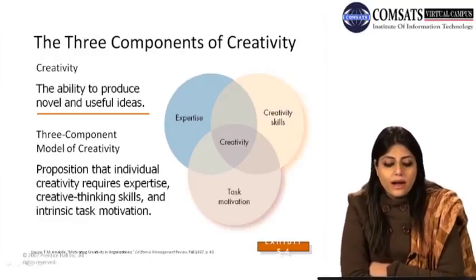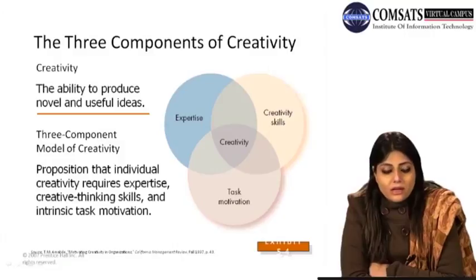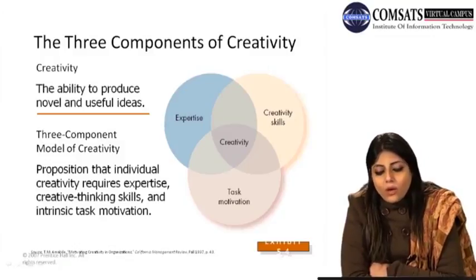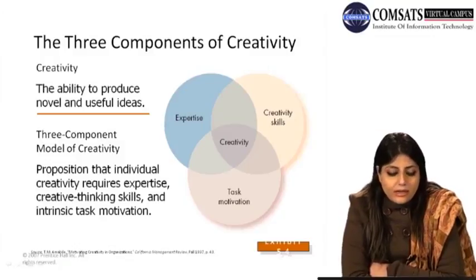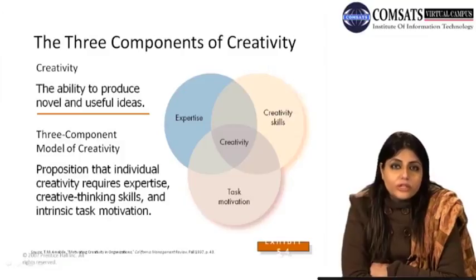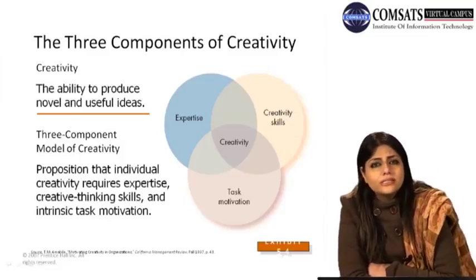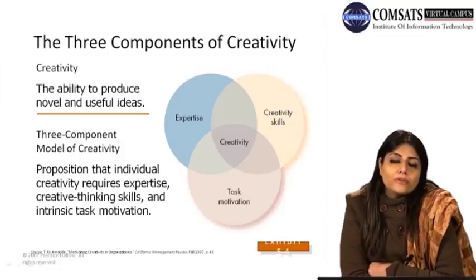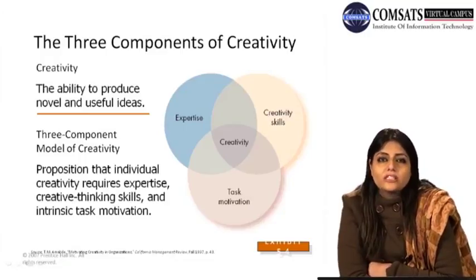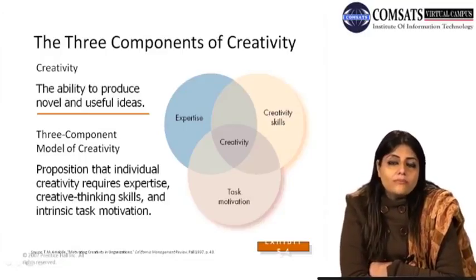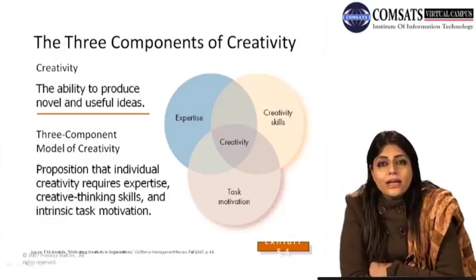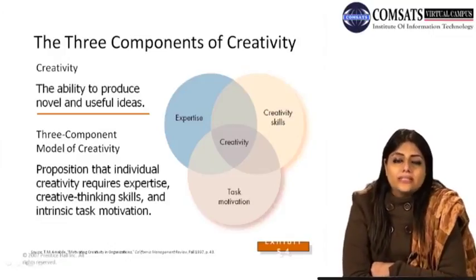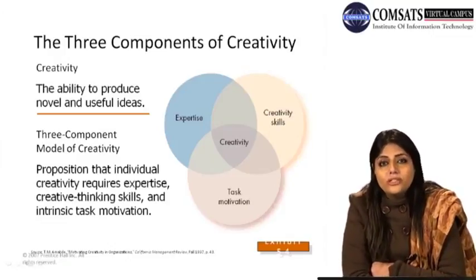There are three components of creativity, or three determinants of creativity, we can also say. One is expertise, the degree to which you are really expert in doing a task. If you're doing a task the first time, of course you cannot be creative. But if you have done a task many times, then you can come up with novel and smarter ideas of doing that task. You can make certain improvements to it.